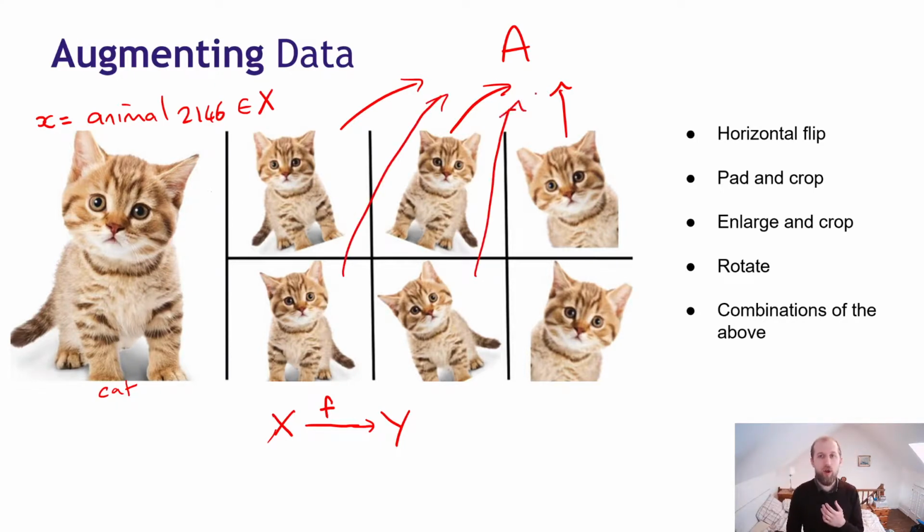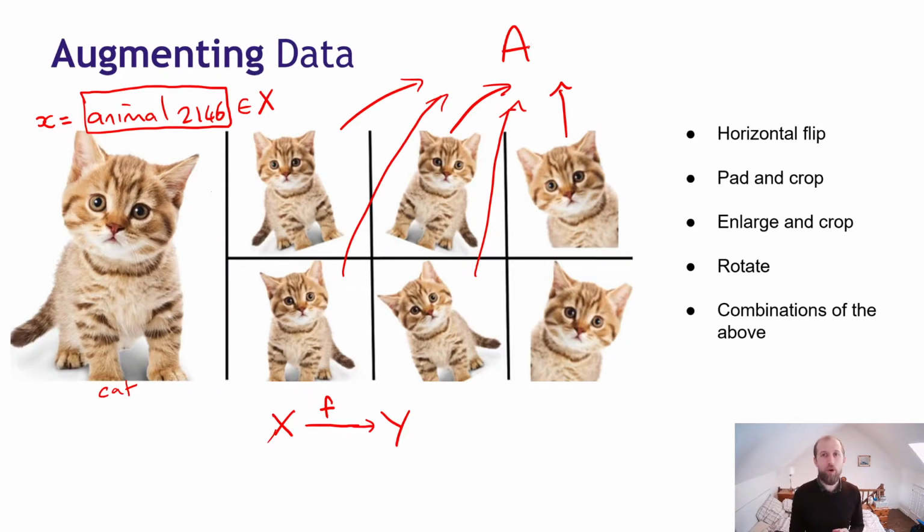And these are going to have the label of animal 2146. So you don't train them that the animal is cat. Instead, you have a new label, which is the identity of the subject in the training data.